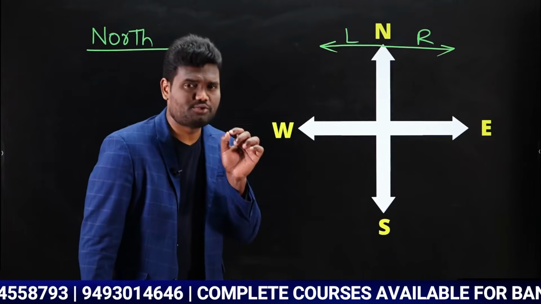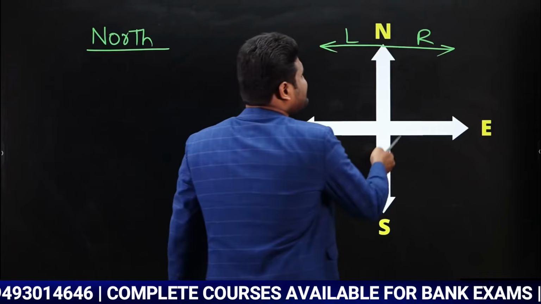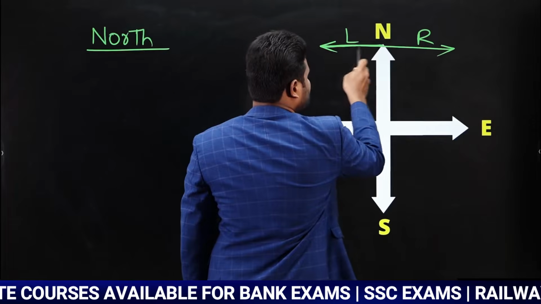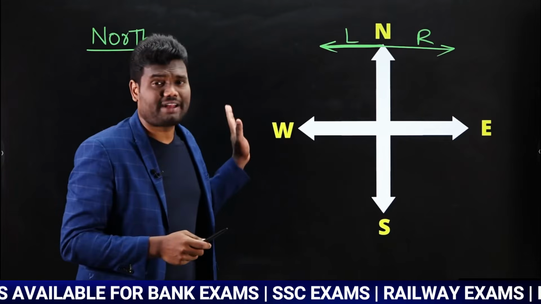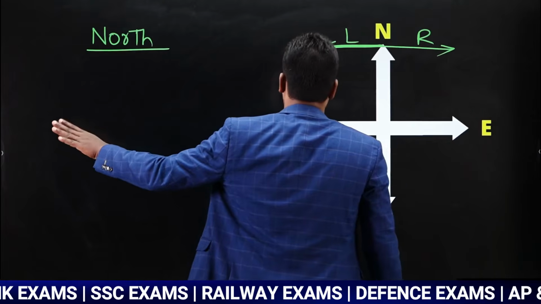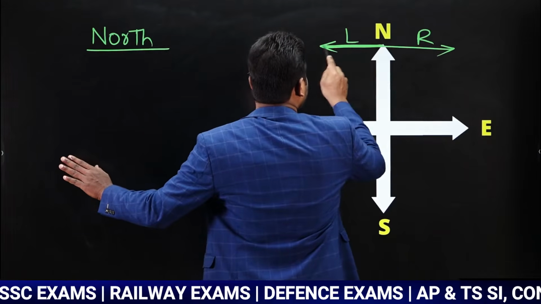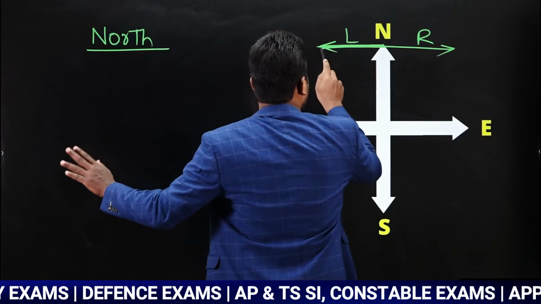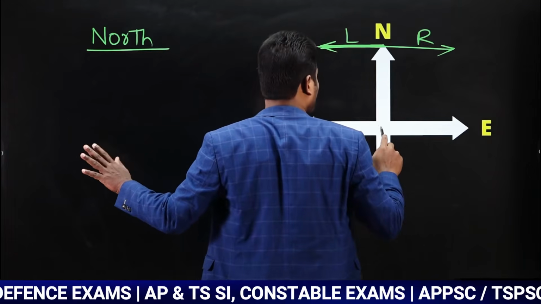Now if you observe carefully, when the person is traveling towards the north direction, the left of the person is the same as our left-hand side, yes or no? Even our left-hand side is in this direction. Similarly, even this person, when he is traveling towards north, his left-hand side is also in the same direction, yes or no?